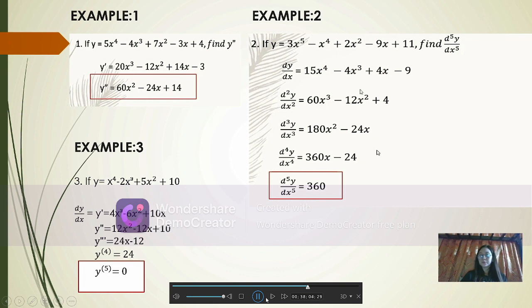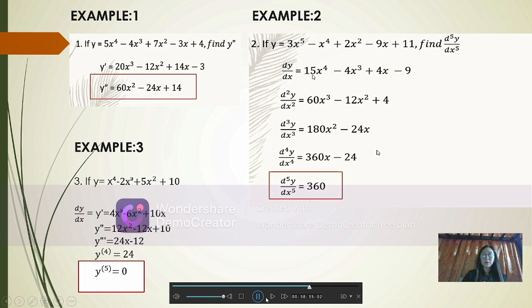If y is equal to 3x to the 5th power minus x to the 4th power plus 2x squared minus 9x plus 11, find d to the 5th power y over dx to the 5th power. So, fifth derivative yung gagawin natin, hanggang fifth derivative.